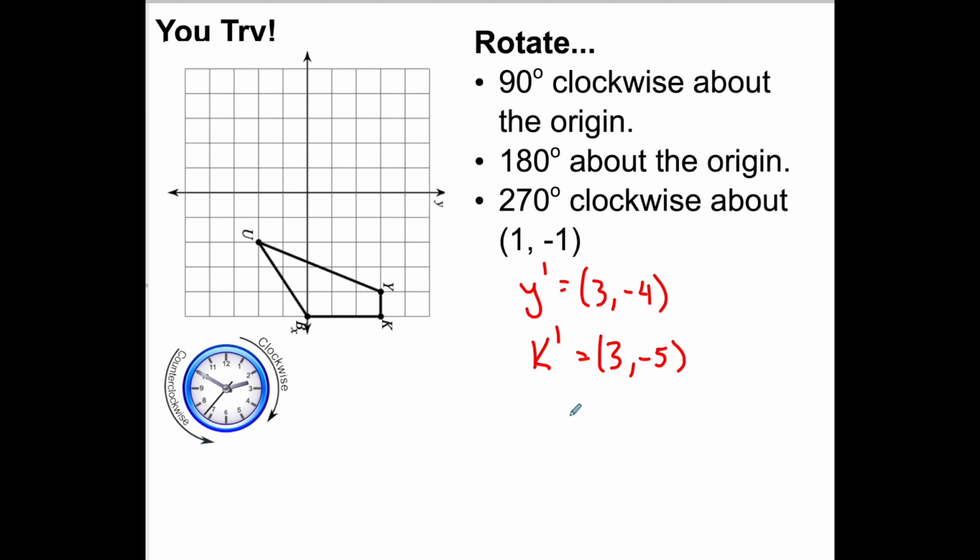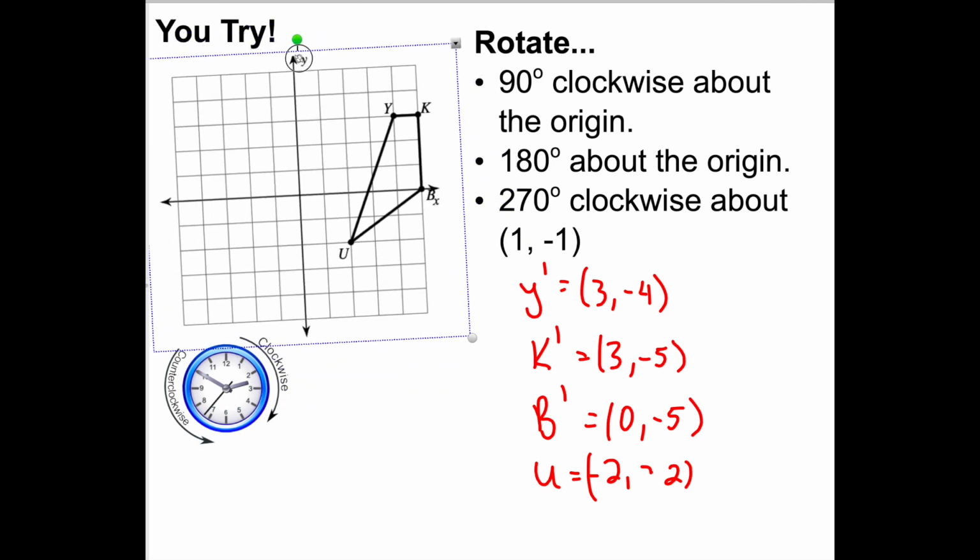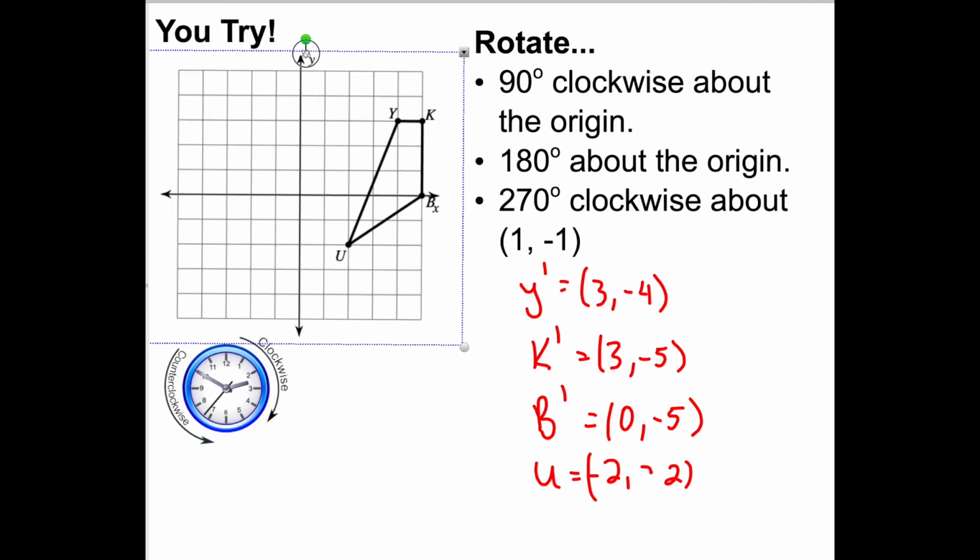I believe that's B prime: 0, -5. And U prime: -2, -2. Or you can use the rules. I'm not going to use those rules, but you're welcome to if you'd like.